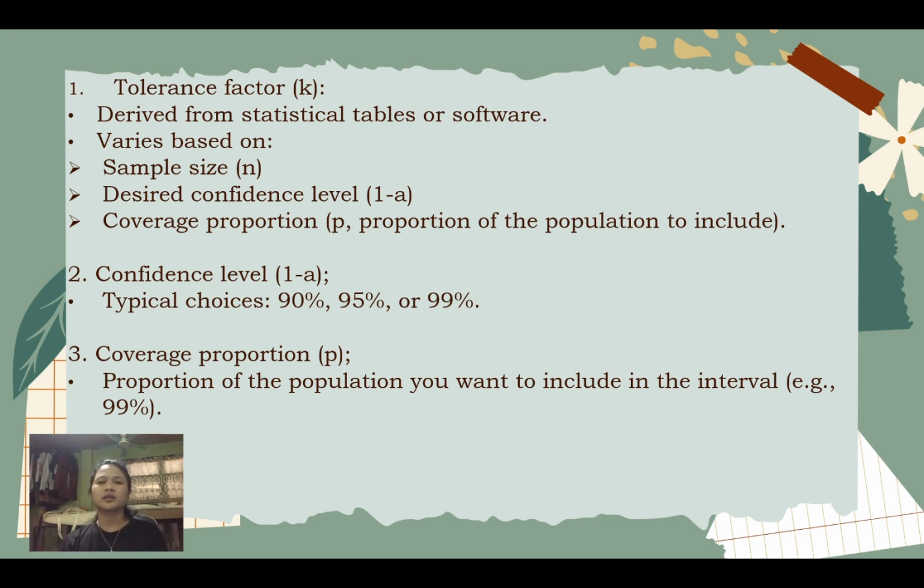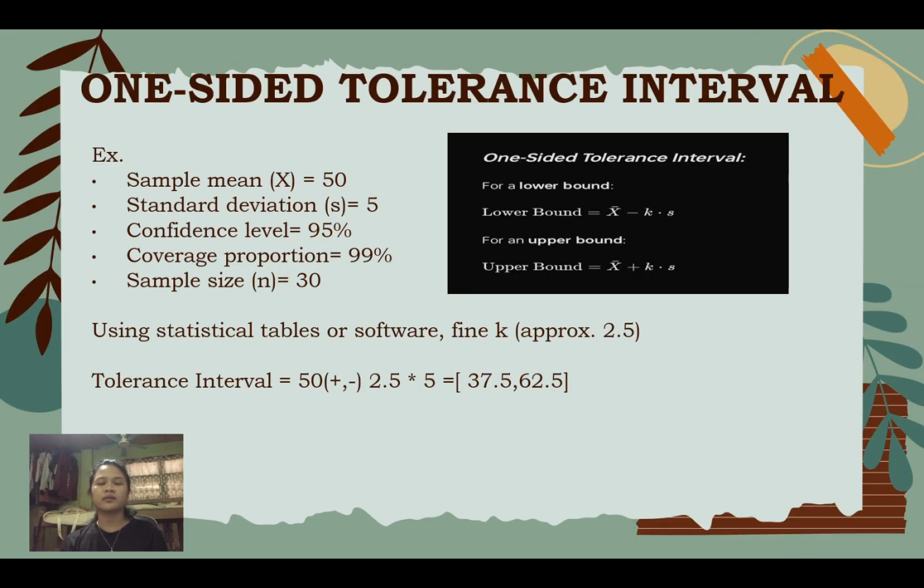The second type of tolerance interval is the one-sided tolerance interval. This interval is for a lower bound. As you can see on our screen, you can see the formula on how we calculate the one-sided tolerance interval. For example, we have a sample mean of 50, standard deviation of 5, confidence level of 95%, coverage proportion of 99%, and a sample size of 30. Using statistical tables or software, we find k is approximately 2.5.